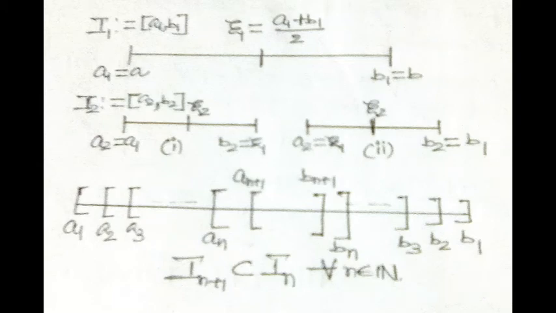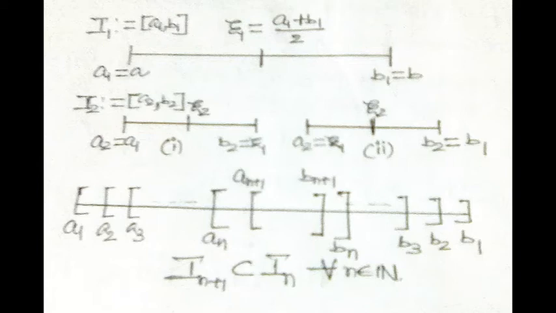Here the Bolzano theorem has been described through this diagram. Initially there is the first interval, which is denoted as I1 or A1B1.